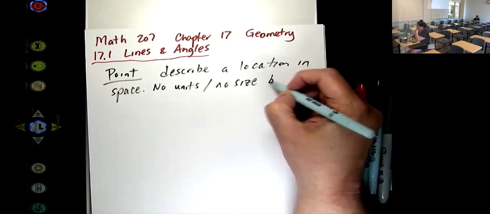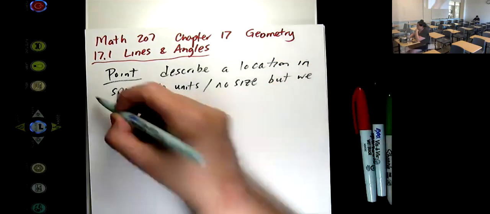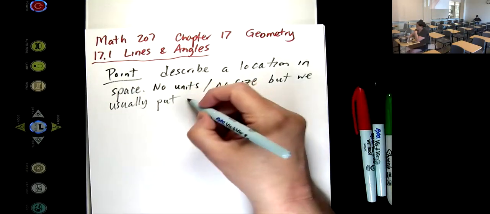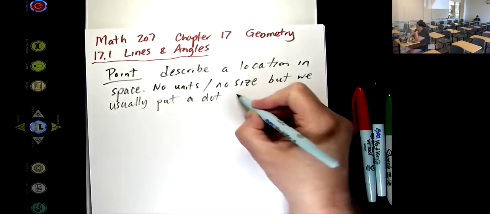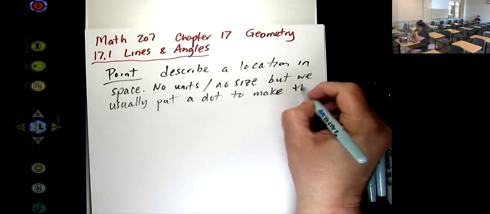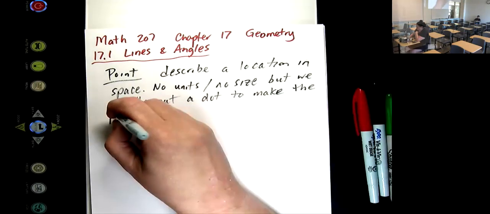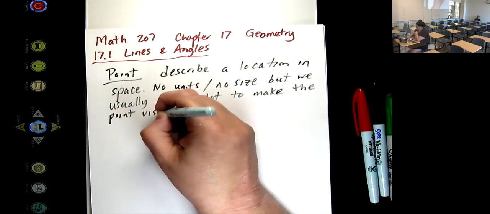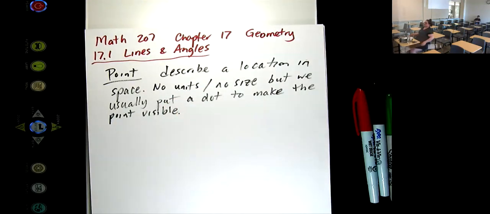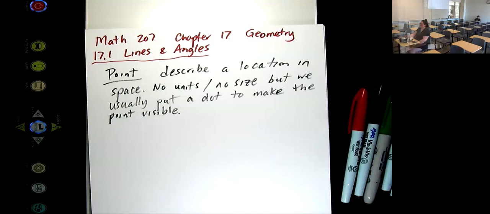But we usually put a dot there to make the point visible. Point.